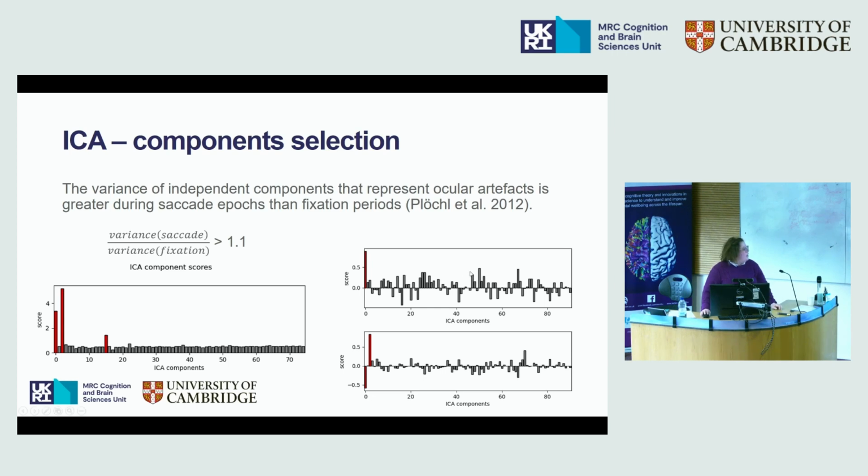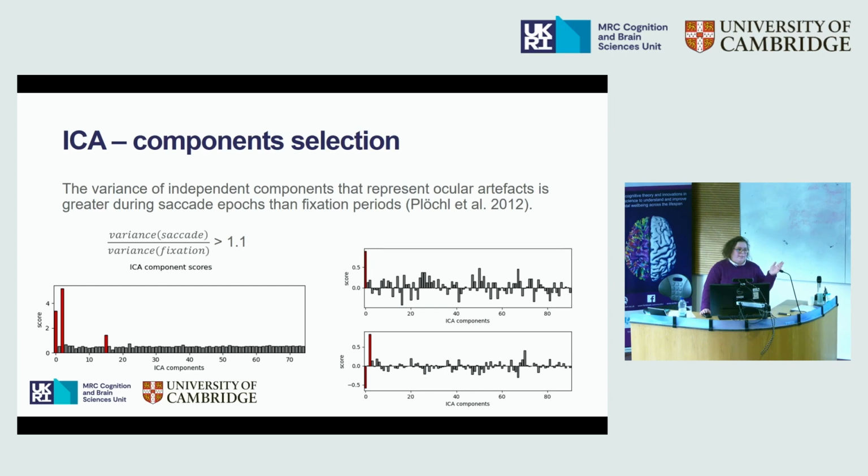Another difference compared to traditional ERP designs is to use a different approach for selecting ICA components. Traditionally, we correlate all the components with the two EOG channels, and this would give us two components to remove from the whole array of data. But since there will be a lot of eye movements, and the EOGs do not pick up especially the spike potential, it's been suggested to use another method of looking at the variance of the signal of the components during saccade and during fixation events.